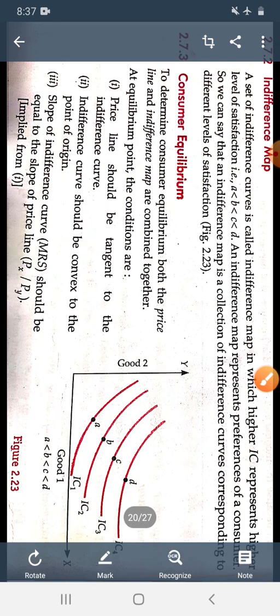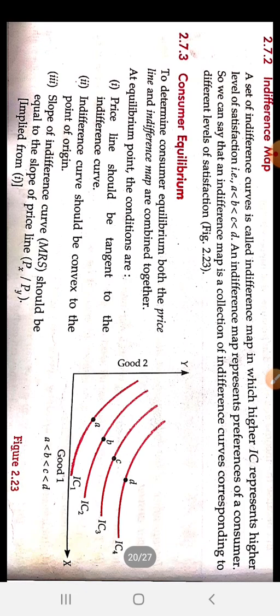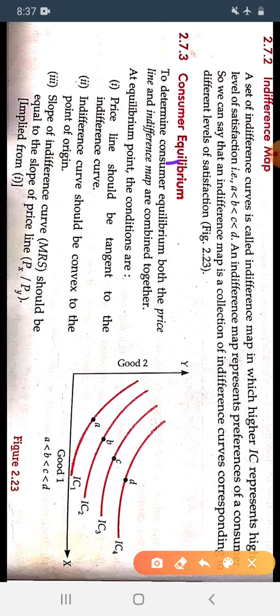So yes, a set of indifference curves is called an indifference map, in which a higher IC represents a higher level of satisfaction, and the indifference map represents the preference of a consumer. An indifference curve shows the preference of the consumer.